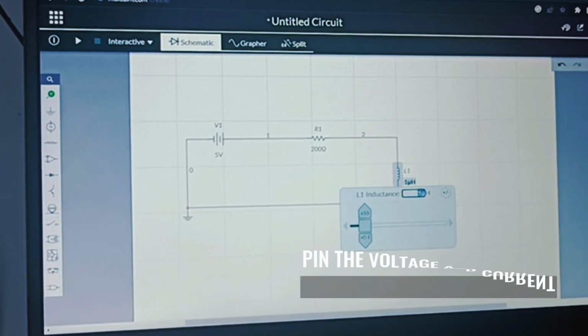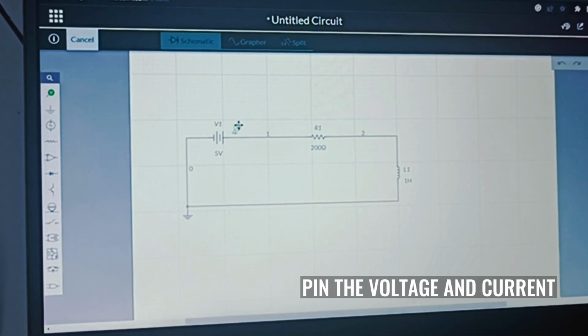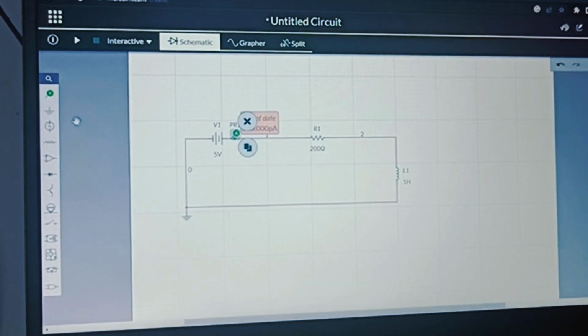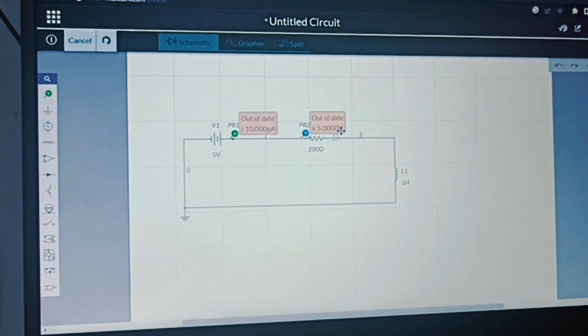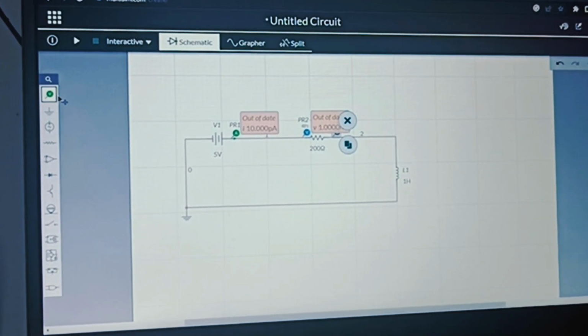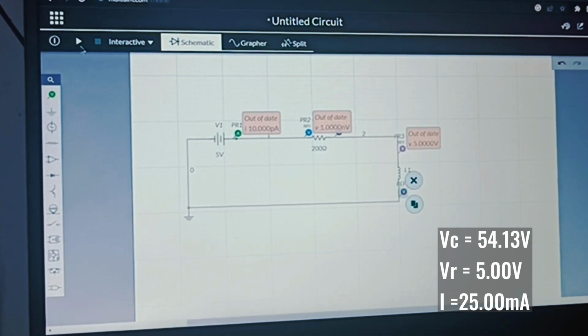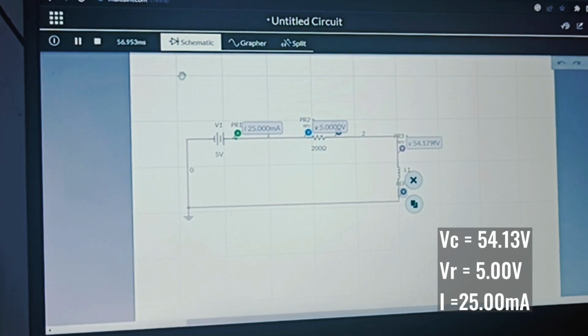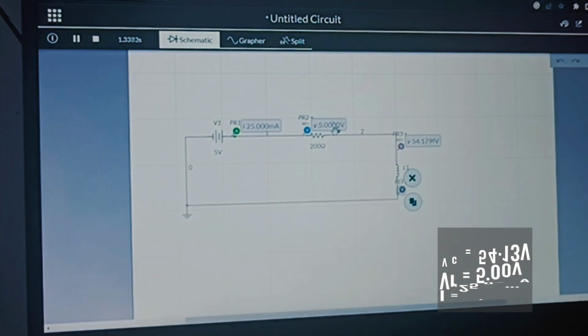After that, we pin voltage and current annotation in the circuit to get the data of voltage and current flow through the circuit. We get 35 milliampere, 5V at resistor, 54.13 voltage in inductor.